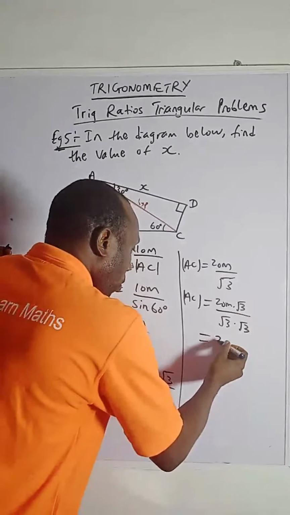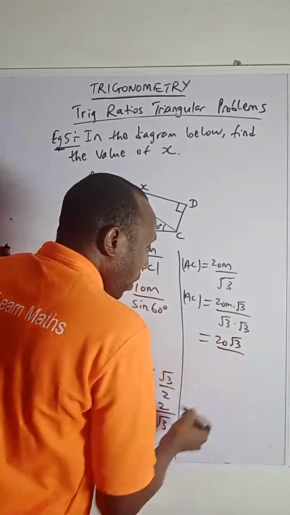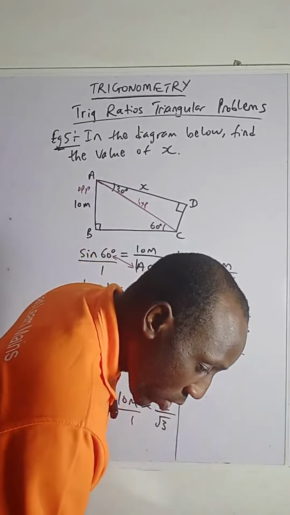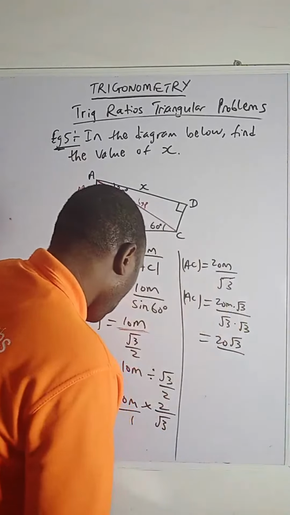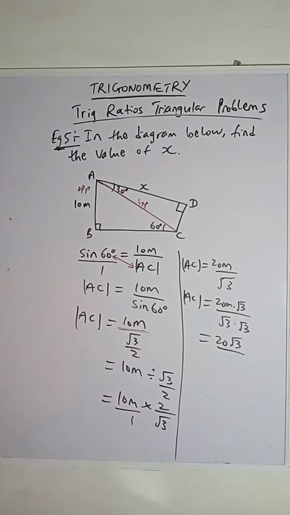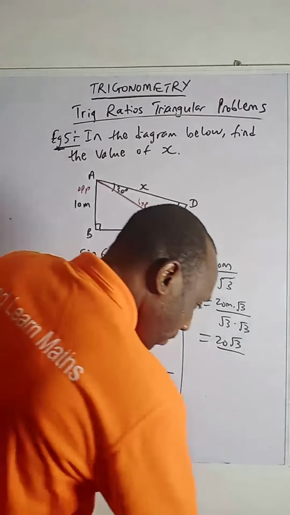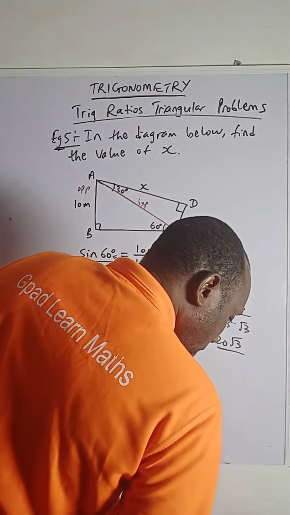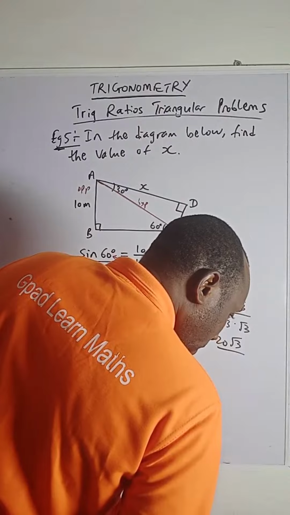And that was 20 root 3 over, what's root 3 times root 3? Oh, there's a mistake somewhere. Is there a mistake somewhere?